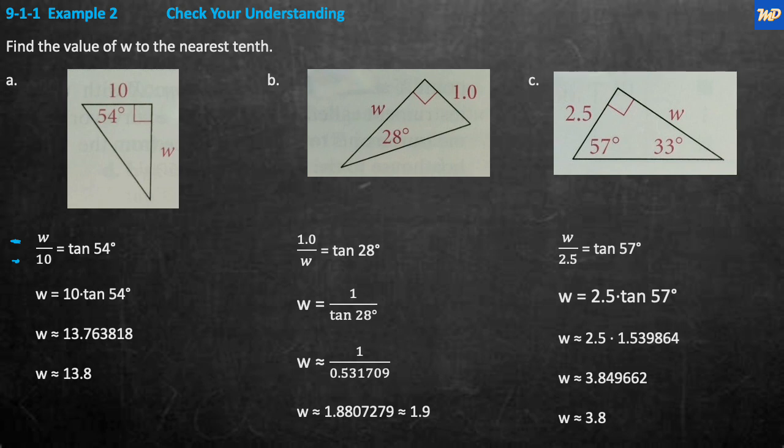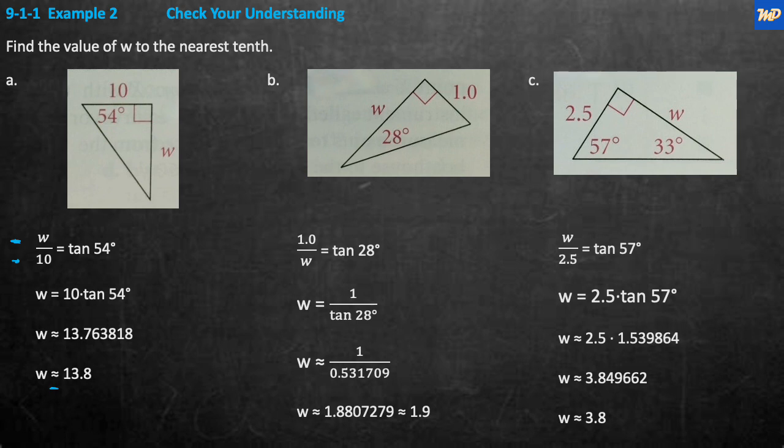If you solve for W, it's 10 times the tangent of 54 degrees, which ends up being 13.763818, and to the nearest tenth is 13.8. And as you notice, it's approximately, because we used the calculator to find the tangent of 54 degrees.